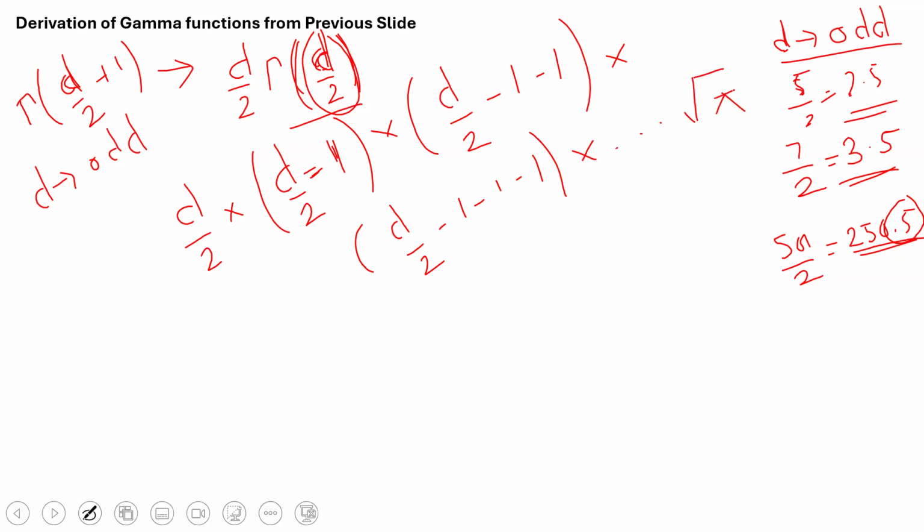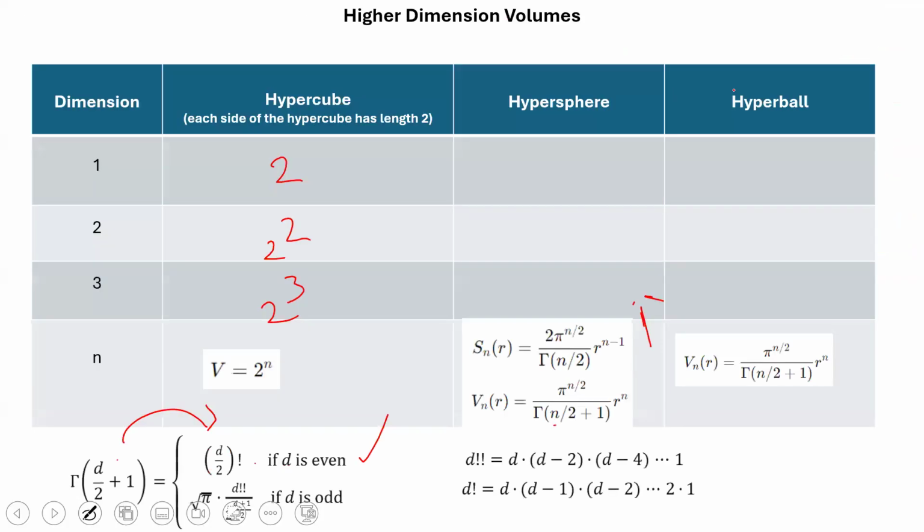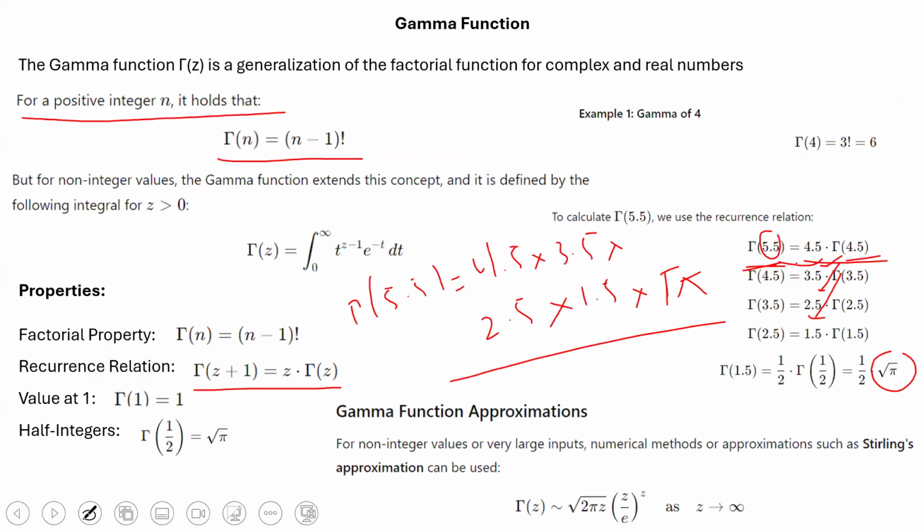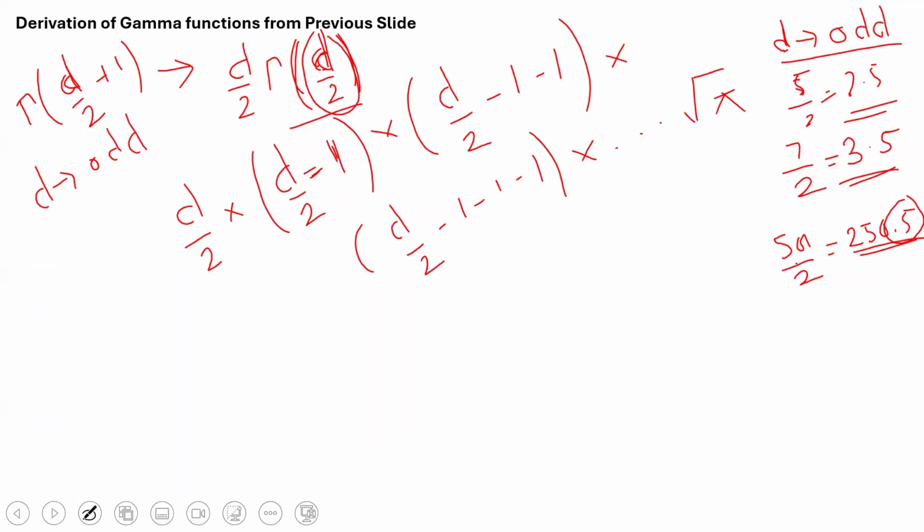Can I write it this way? Just take this example: if we have 0.5, anyway we get 0.5. Whenever we divide an odd number by 2, we always get 0.5 at the end. Take any odd number; when you divide it by 2, we always get 0.5 at the end.